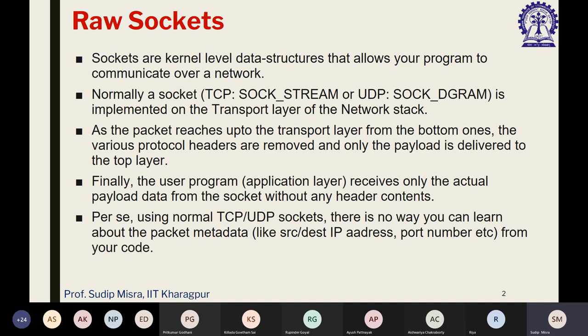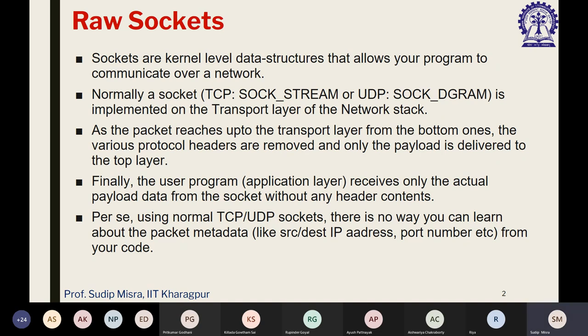All these headers were added on the sender side, and on the receiver side, one by one they are going to be taken away. Okay, so they are going to be stripped out, and so finally at the application level, the actual payload is going to be received, which was sent by the application layer of the sender. Clear?